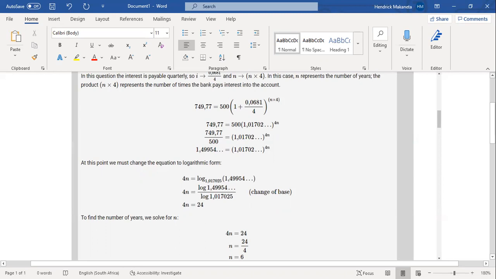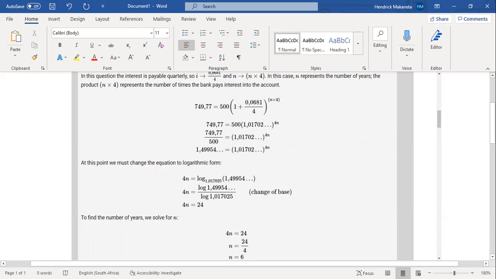So it will take Sipho 6 years to grow his investment from 500 rand to 749 rand and 77 cents.